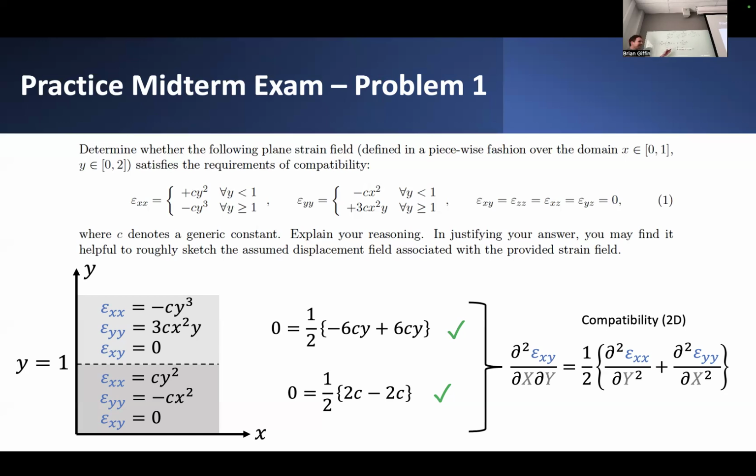If we plug in this particular value of y equals 1 into this expression, what we'll get is basically evaluating this function on the plus and minus halves of this domain at this specific value of 1. So it's going to be a constant value. We could call it f on the plus or minus sides of this expression, but at the particular value of y equals 1, we just have some arbitrary constant that might differ on the plus or minus halves of this domain.